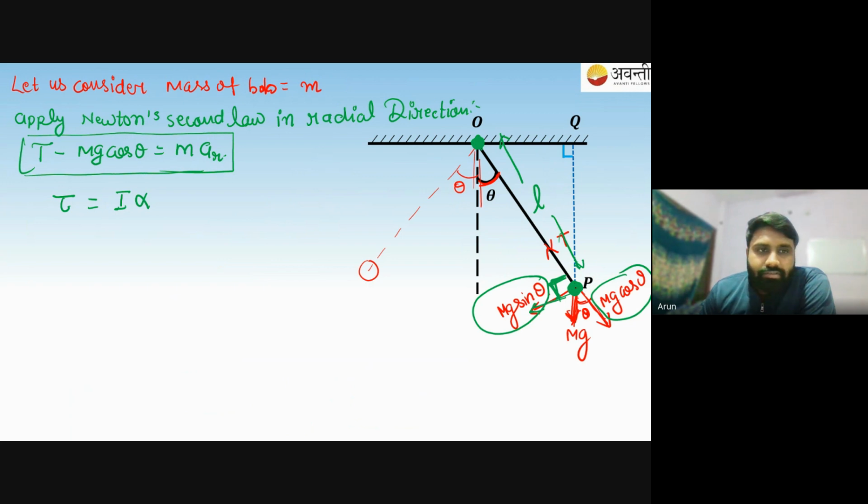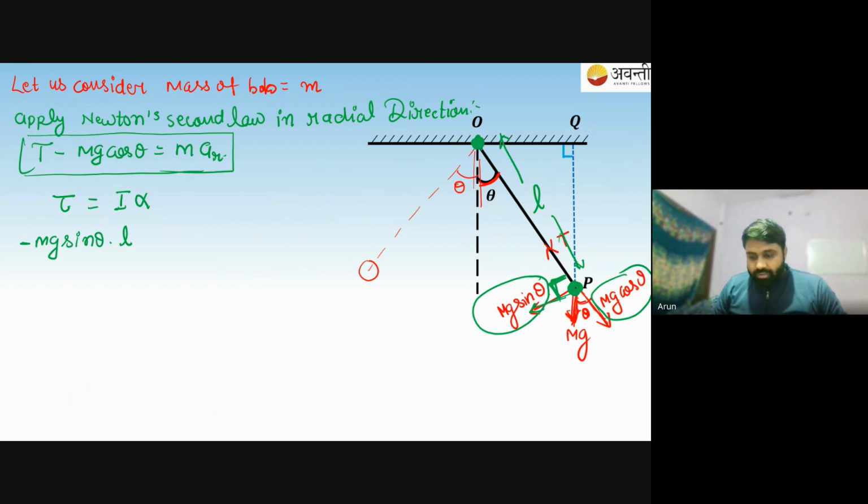Now, torque is mg sine theta force into L, and negative. Why negative? If you try to find out the direction also, from F cross R, it will be negative. If you take your right hand and apply the right hand thumb rule, the thumb will go inside, which is negative in direction.